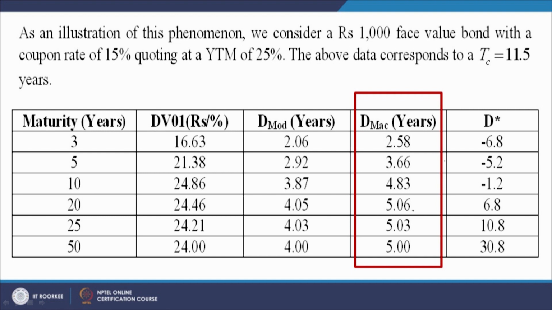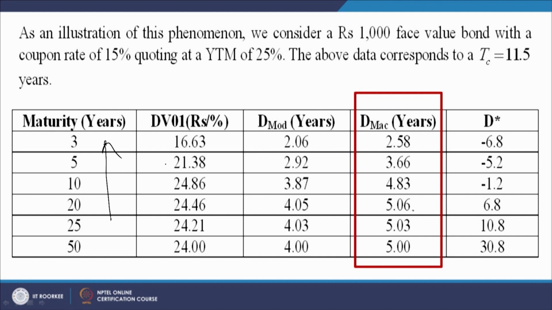This table relates to a 1000 face value bond with a coupon rate of 15%, quoting at a YTM of 25%, and the maturity is shown in table 1. As maturity increases from 3 years to 5 years, 10 years, 20, 25 and 30 years, you find the behavior of DMAC.